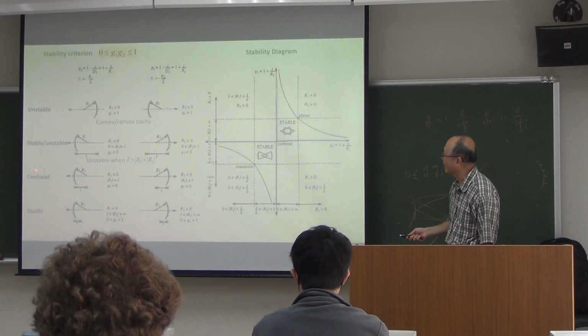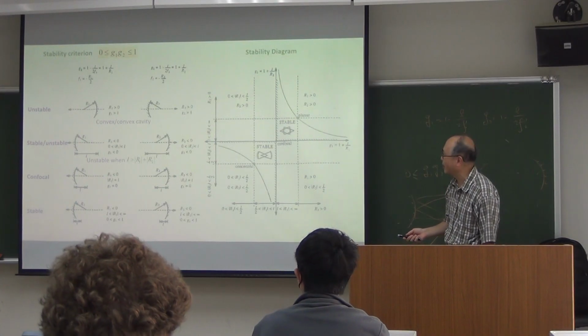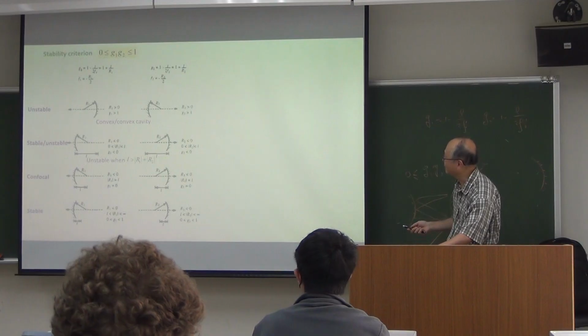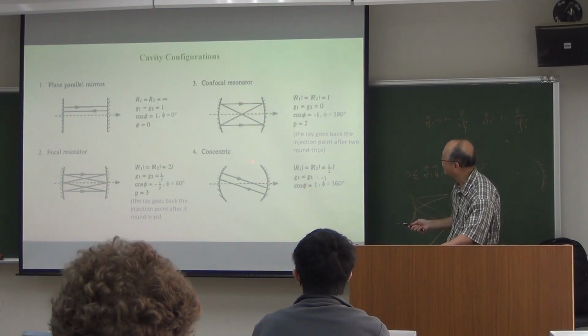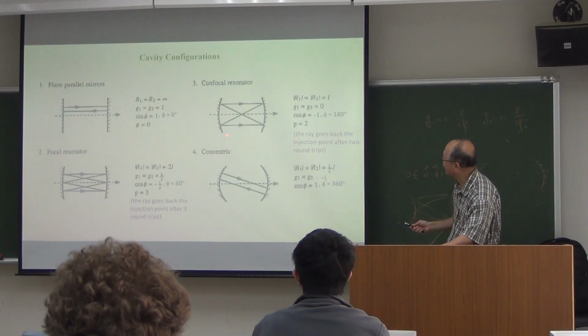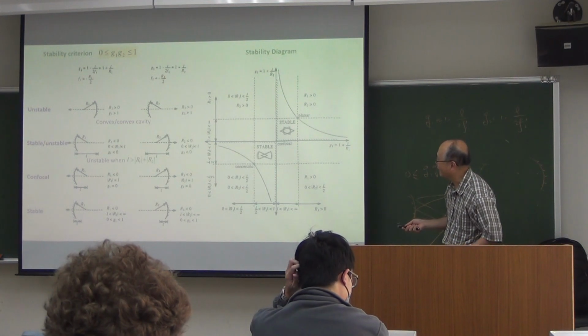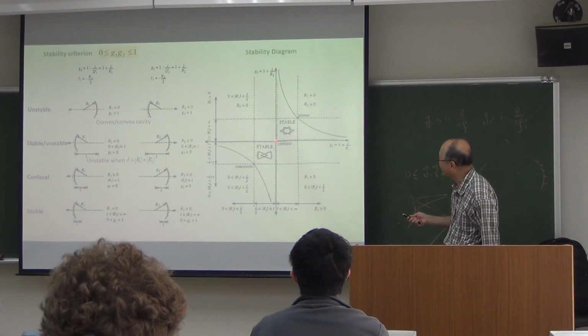Confocal cavity, again, we have the confocal cavity on the last page. The confocal cavity is right here. The radial curvature is equal to the length of the cavity. For this case, you have G1, G2 equal to 0, and then it's right at this point.